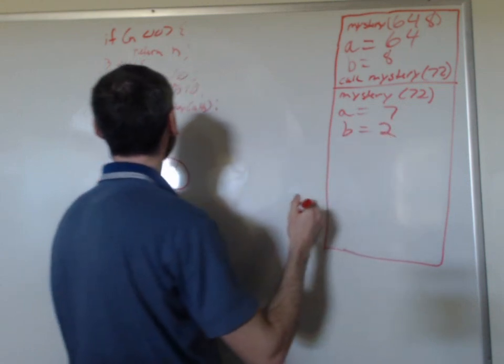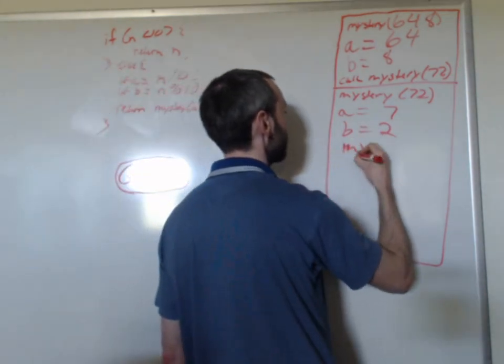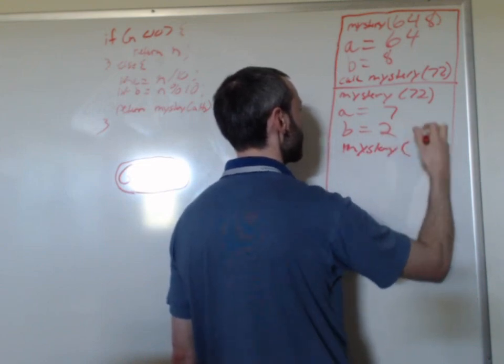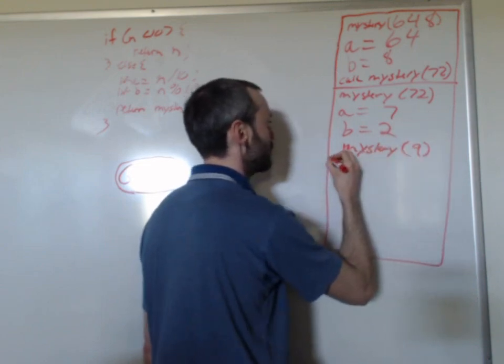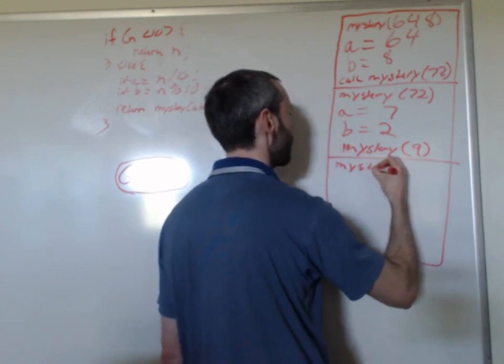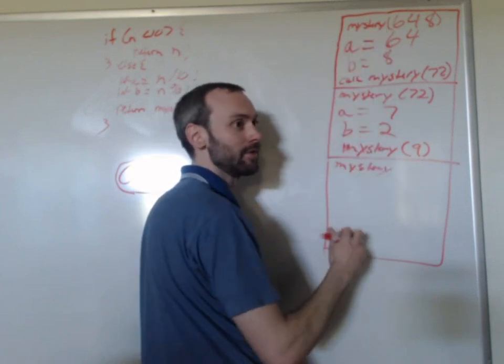Then it's going to add them together and call mystery again, which is 9. So it's going to make that call on the stack. Each time you do a call, it's allocating another piece of memory for all the variables inside the function.